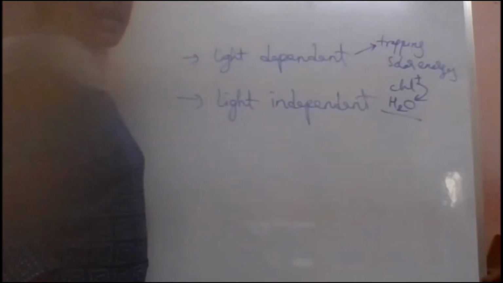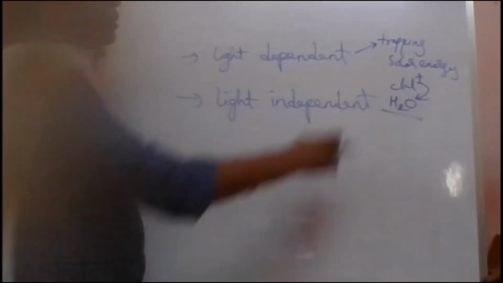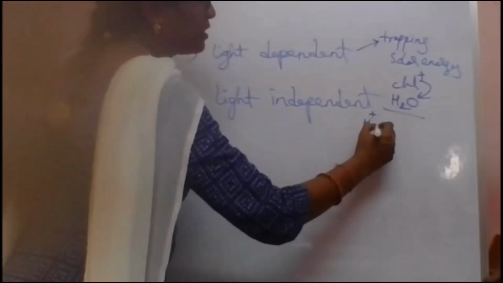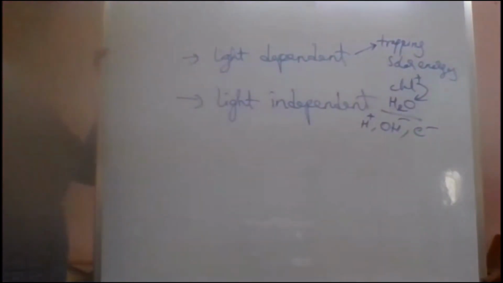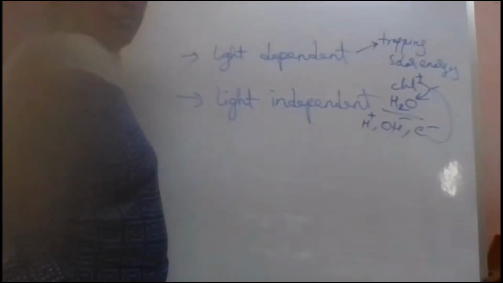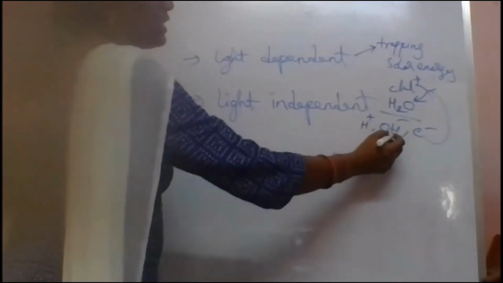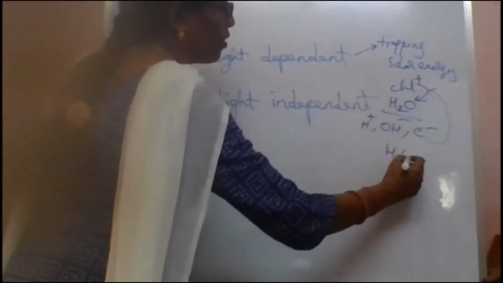That is, the light activated chlorophyll is splitting the water molecule. During this you get H plus ions, OH minus ions, and also electrons. These electrons are absorbed by the CHL plus. Some of the H plus and some of the OH minus ions react to form a water molecule, and the oxygen is released.